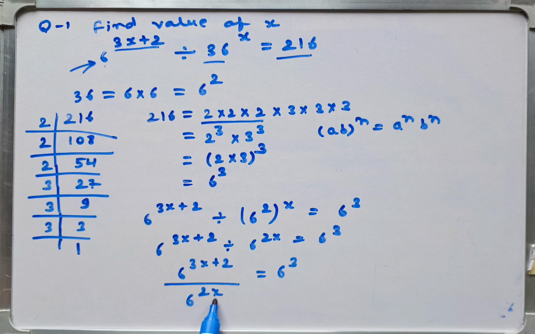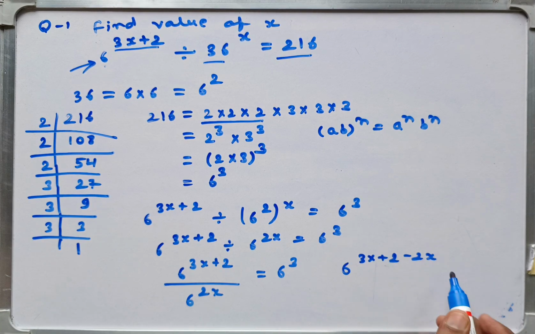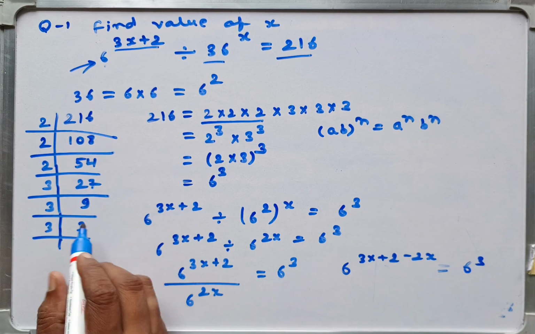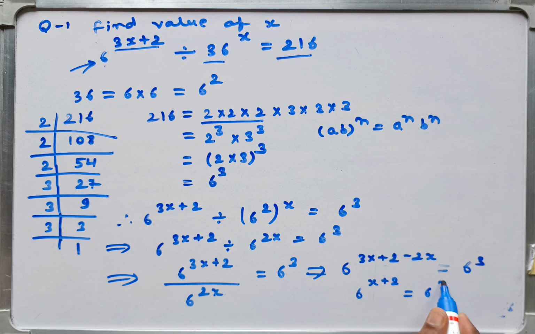So this 2x will come in the numerator, then we can write it like this, and finally you can equate this one by this one. We can write x plus 2, and this is coming 6 to the power of 3.